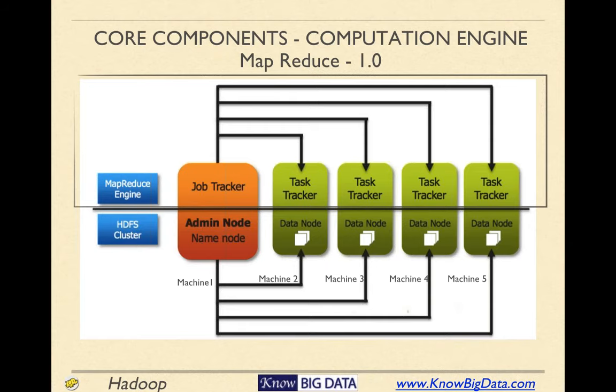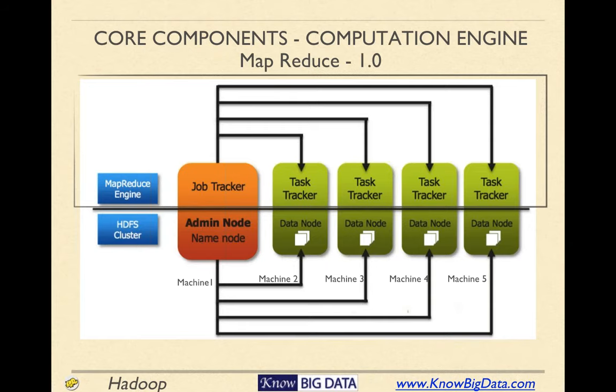So job tracker gives work to only those task trackers which are nearer to the data. These are the data processing works. Most of the work is related to processing certain data lying in HDFS.